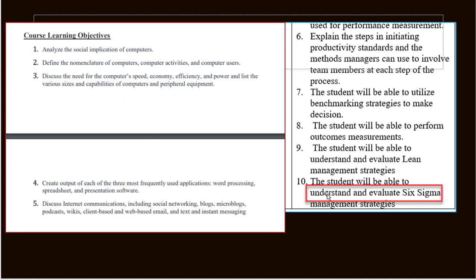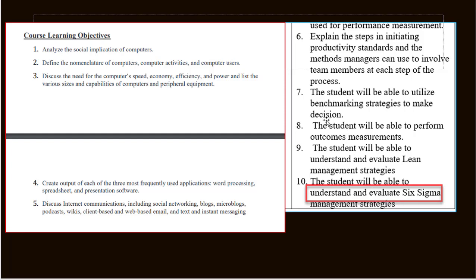This is a well-written objective. So number 10, the student will be able to understand and evaluate Six Sigma. So understand and evaluate. So there is something. I, as an instructor, am actually testing the process of evaluating.